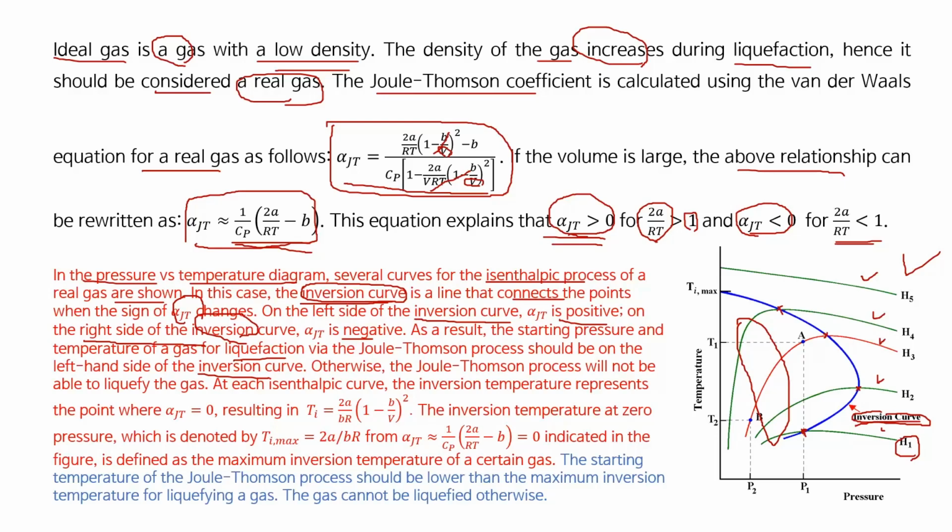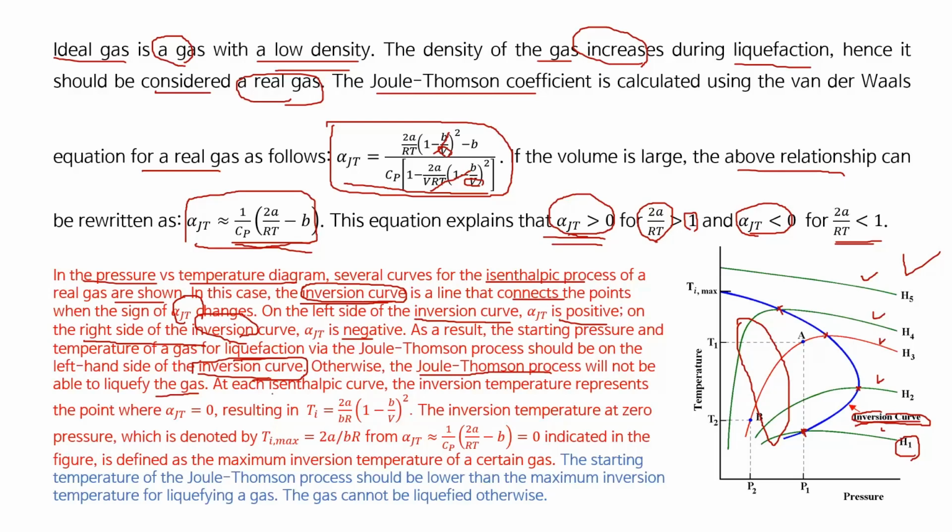But in this region, alpha JT is negative, so we cannot have the cooling effect. So the starting pressure and temperature of gas for liquefaction via the Joule-Thomson process should be on the left side of the inversion curve. Otherwise, the Joule-Thomson process will not be able to liquefy the gas.